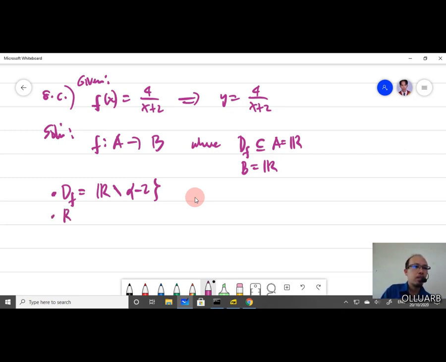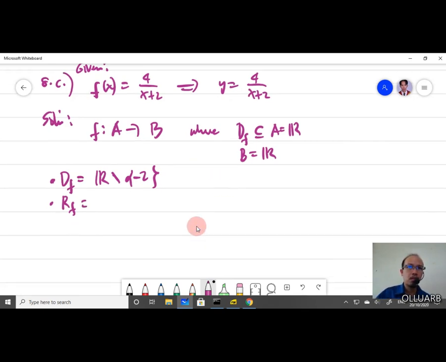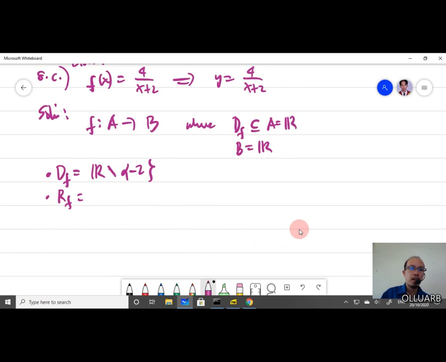To find the range, all you have to do is to solve for x in terms of y, and then determine the biggest values of y for which x is well defined.